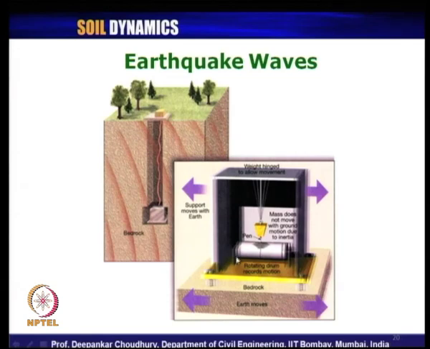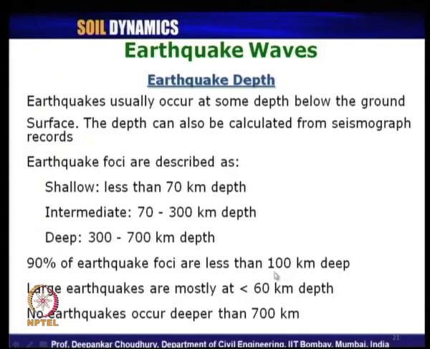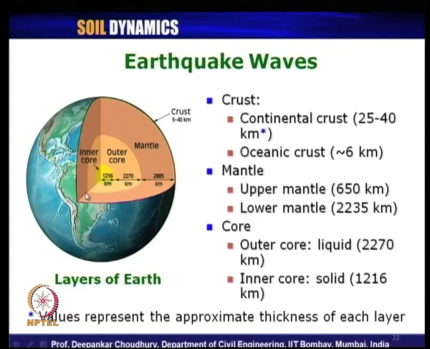This is how the measurement of earthquake waves is done, and we have studied different depths of earthquake: shallow depth earthquake, intermediate depth earthquake and deep earthquake. And we have seen that most earthquakes in history are recorded as shallow depth earthquakes.